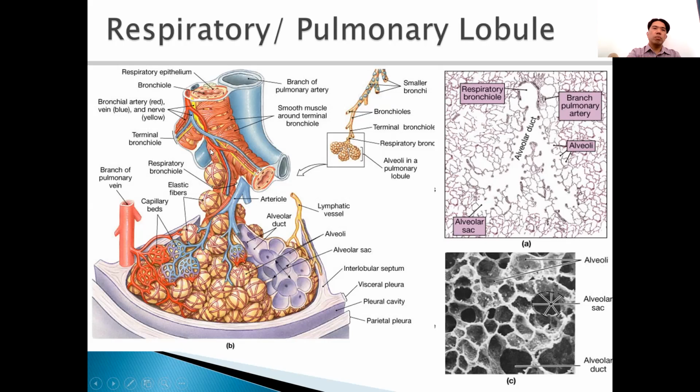And again, pulmonary veins growing into your bronchial veins exchange and go back via the deoxygenated blood and then goes back via your veins. The veins carry oxygenated blood, goes back into the pulmonary circulation.